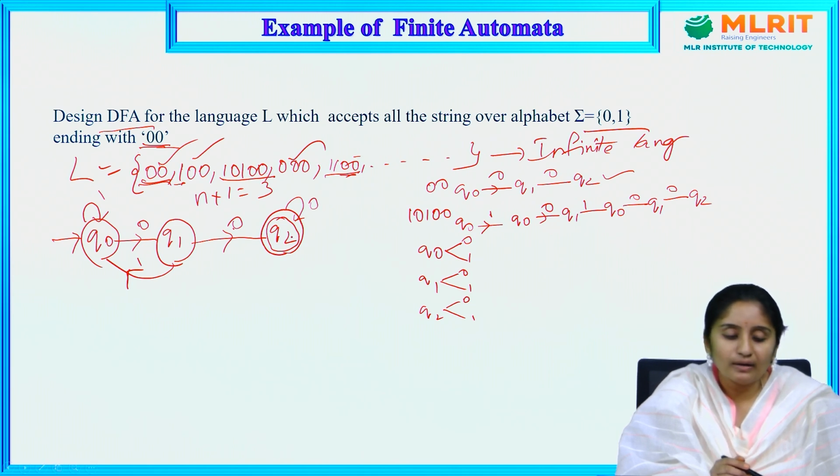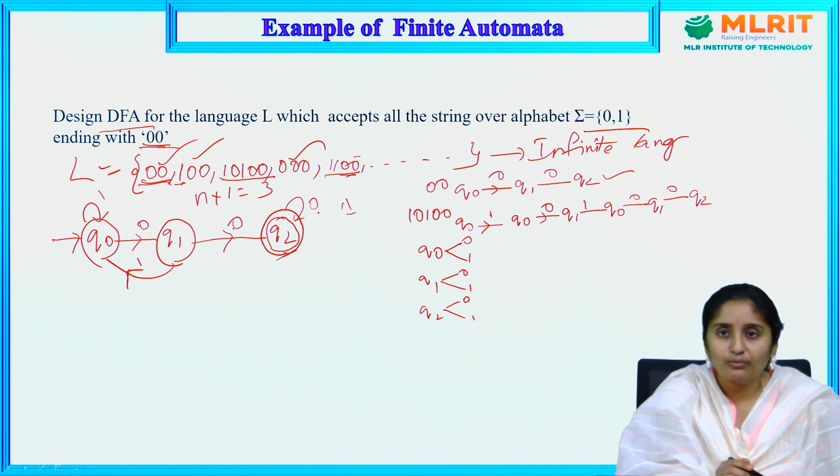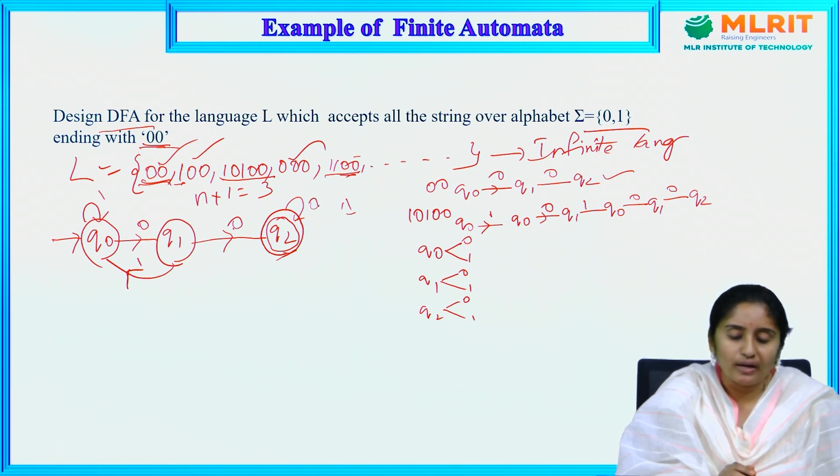So how are we converting? For Q2, there is no path for input 1. So let me check where to plot this 1, either to Q1 or Q2, or Q0 or Q2. Let me check it. What happens if I place Q2 on 1 here?